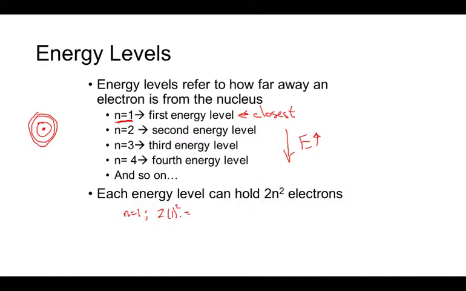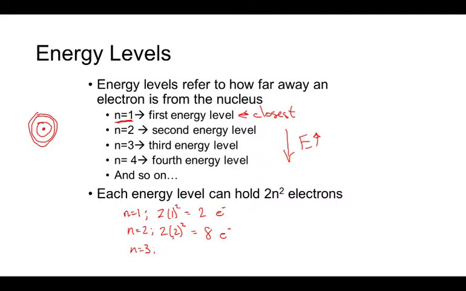Well, 1 squared is just 1, so that equals 2. So n equals 1 can hold 2 electrons. At n equals 2, we can have 2 times 2 squared electrons. So 2 squared is 4 times 2, so we get 8 electrons. At n equals 3, it keeps going.